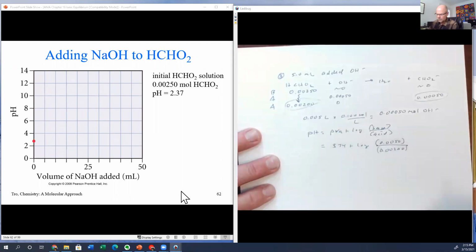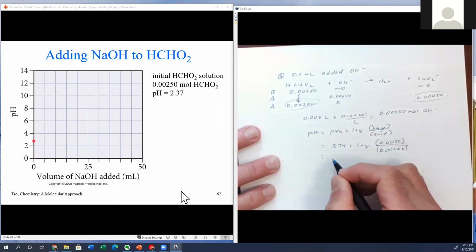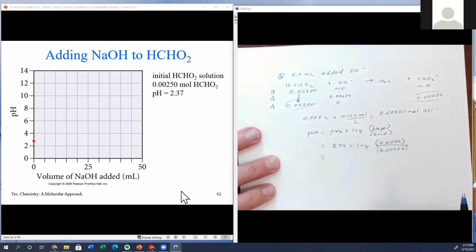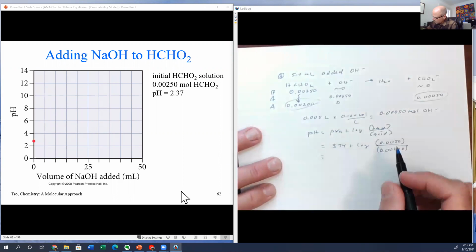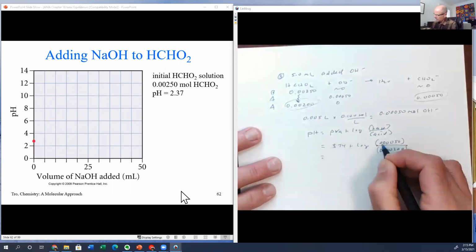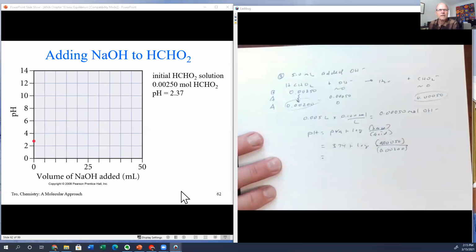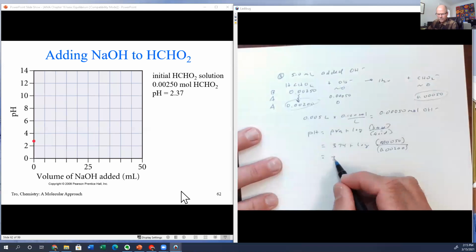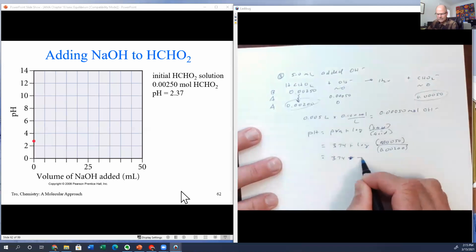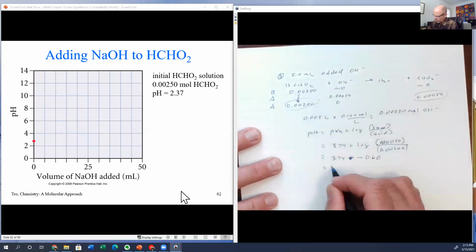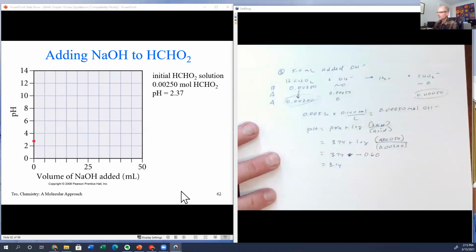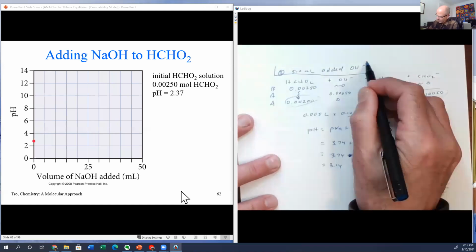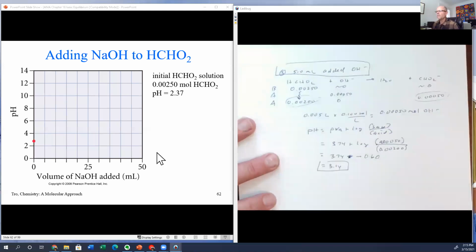Wait, isn't it three zeros on the 0.5? Correct, it's 0.00050. Thank you for correcting me. That comes out to be 3.74 minus 0.60, which is equal to 3.14. So at 5 milliliters, we have a pH of 3.14. We add that to our graph, and there it is.